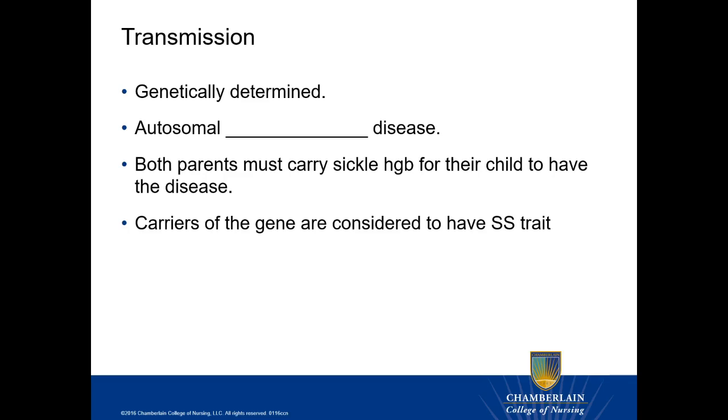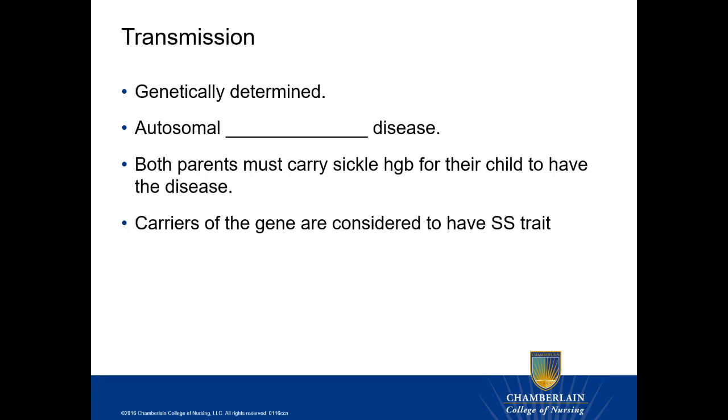Let's say then that a person has a child with sickle cell. Does that mean their next child will not have it? No, because the probability remains the same. Every child may have sickle cell, or none of them may have sickle cell.